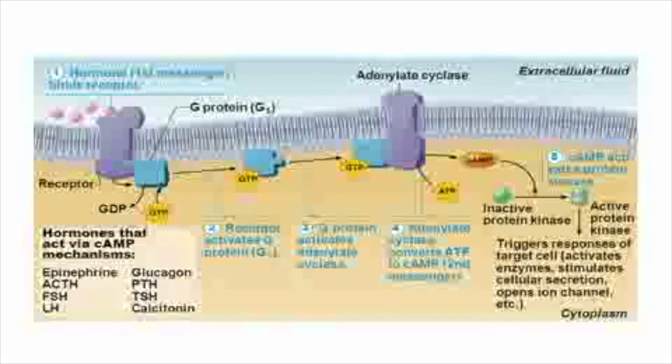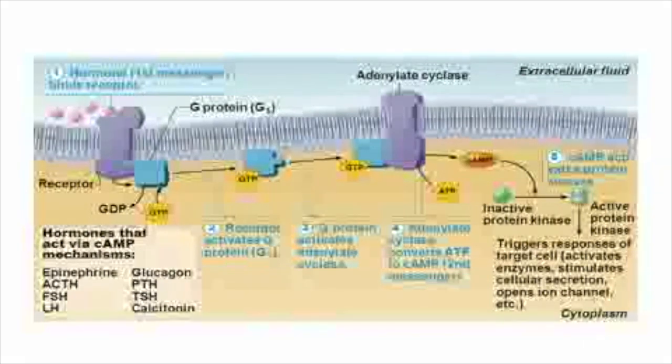Additionally, they don't just activate other enzymes. They may open up ion channels or cause secretion from the cells, which could actually be secretion of other hormones in some cases. Do you notice that all three things that I said right here happen to be those actions that we mentioned on night one?